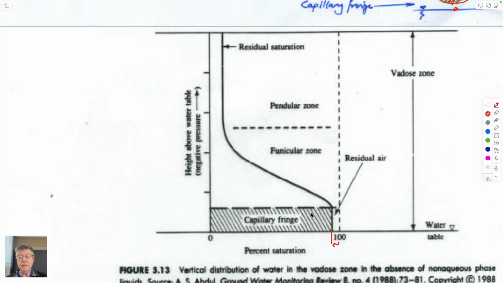This is as saturated with water as it can get. This would be at the groundwater table, by definition, 0 pressure, gauge, atmospheric pressure you're feeling now. And this pressure in the liquid would be in tension, because we know that as we go up from here, the water pressure is like this.